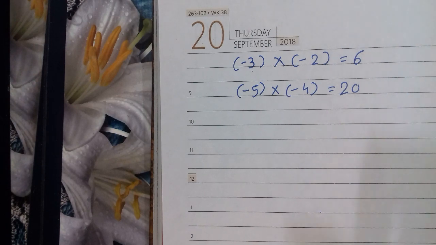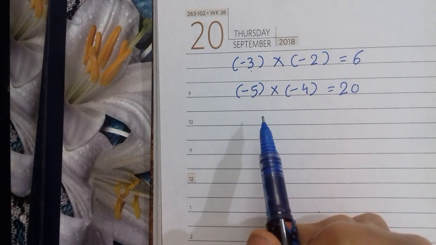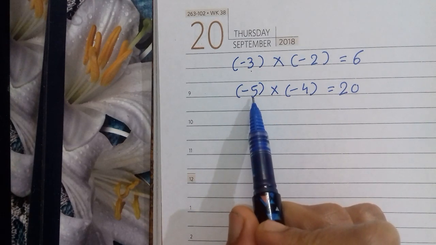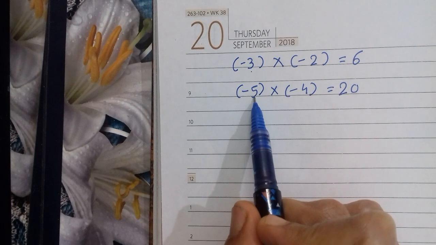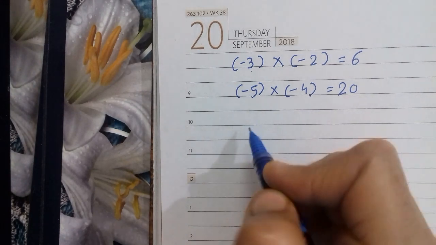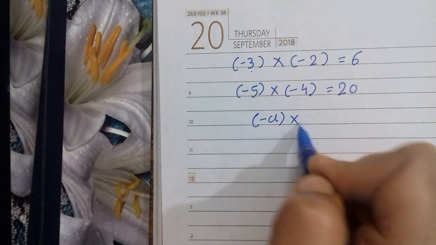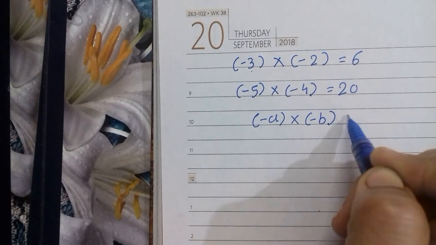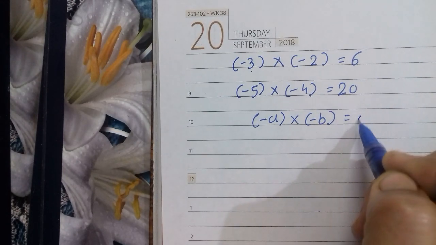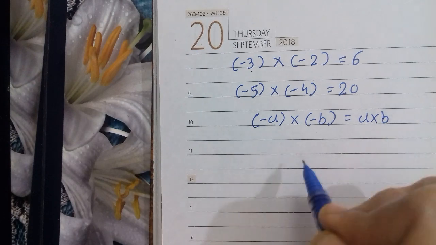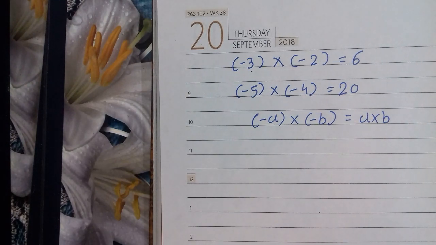In general, for any two negative integers, minus a into minus b is equal to a into b.